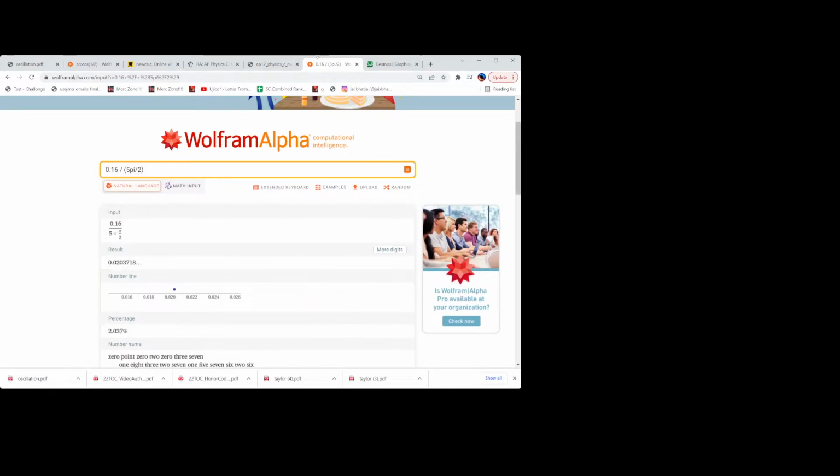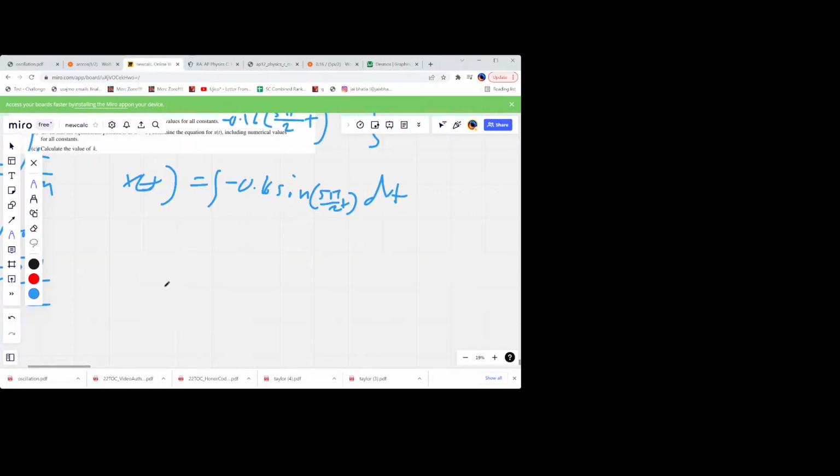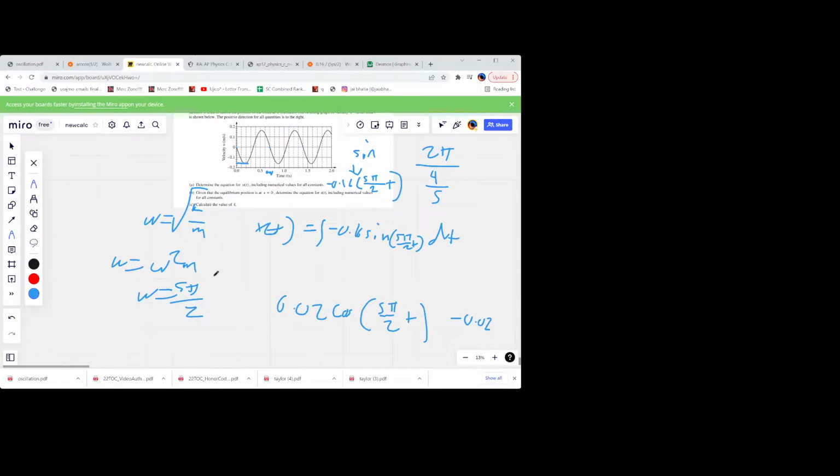Okay, we'll just round that to 0.02, I guess. Okay, so it'll be 0.02 cos 5 pi over 2 t. This is 1, so then minus 0.02, I guess.